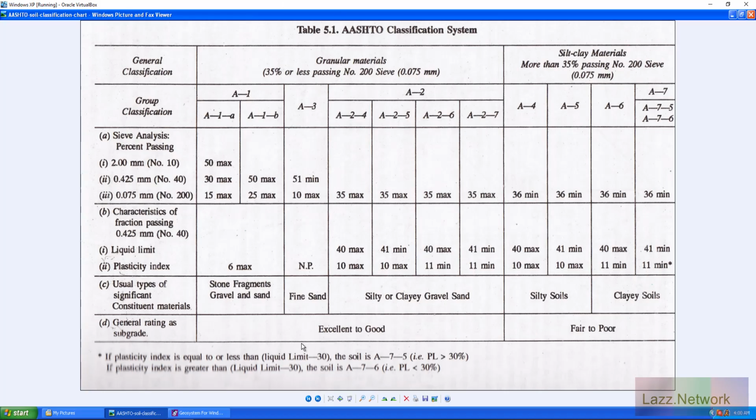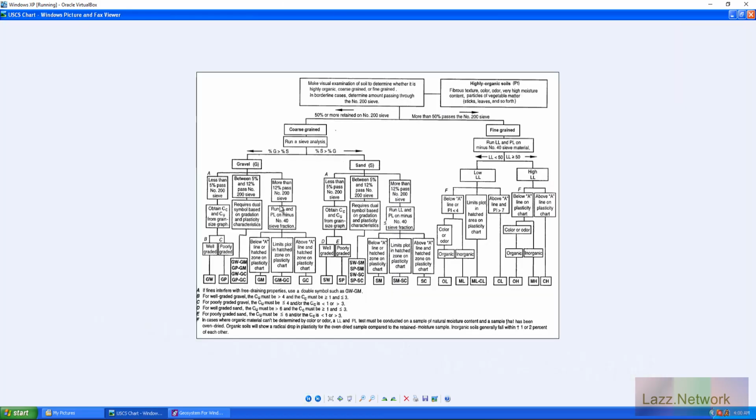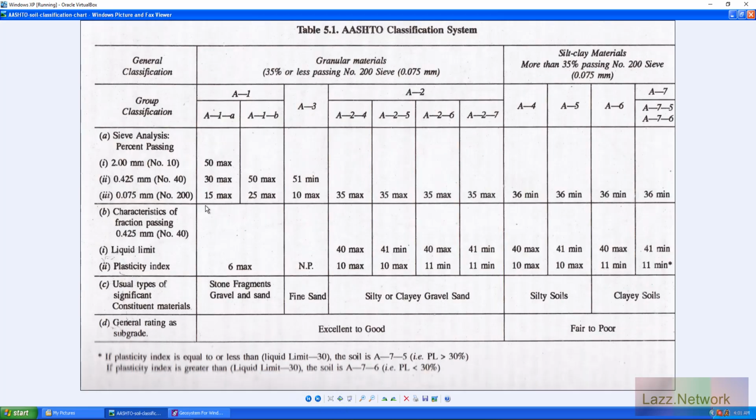So really, it's like with our unified class system, which indicated that depending on what's passing the sieves, that's pretty clear cut and makes sense for the 200. But for the AASHTO, it makes it a bit more difficult.